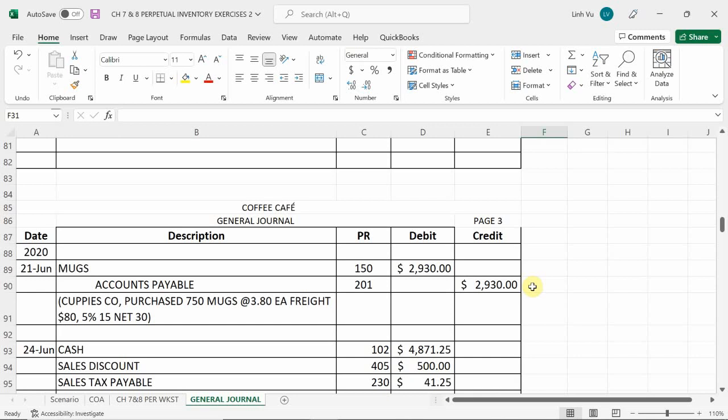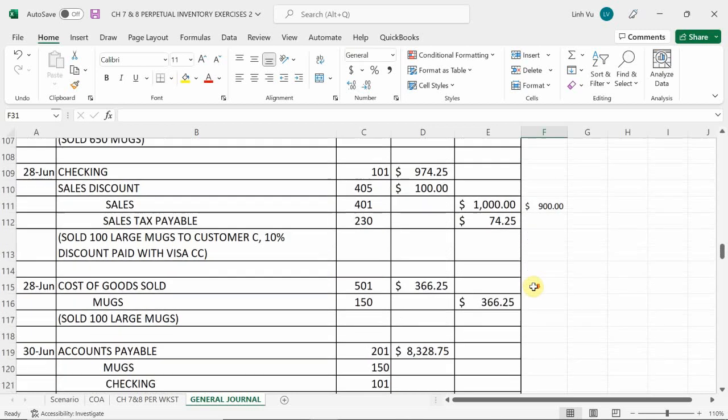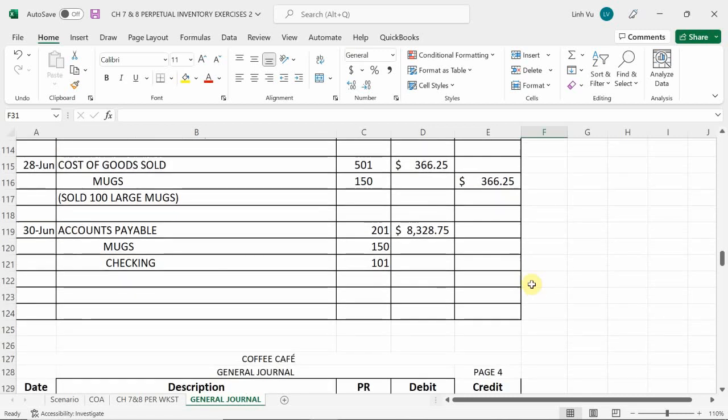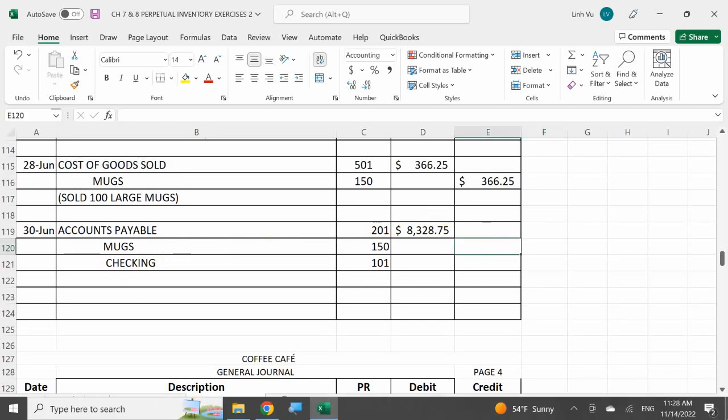So go ahead and add all those three up, and you should get the $8,328.75.